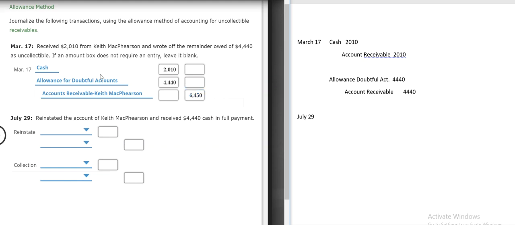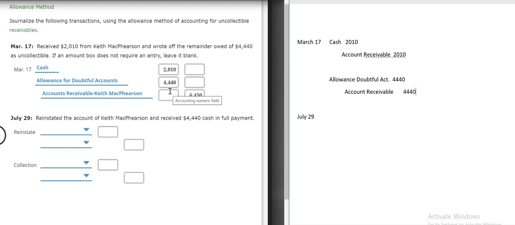Perfect. So this entry is exactly the same as the entry that you see here. The only thing is that here I did two separate entries, and here is just one compound entry. When we're recording this entry, we're writing off this customer Keith for 4,440 that apparently he's not paying us.